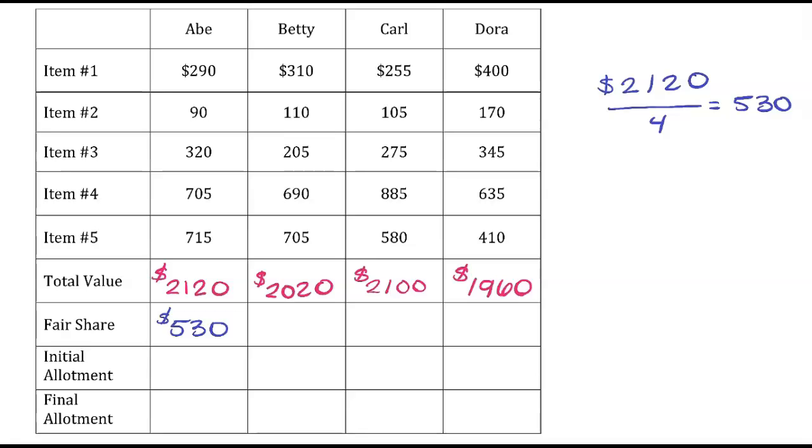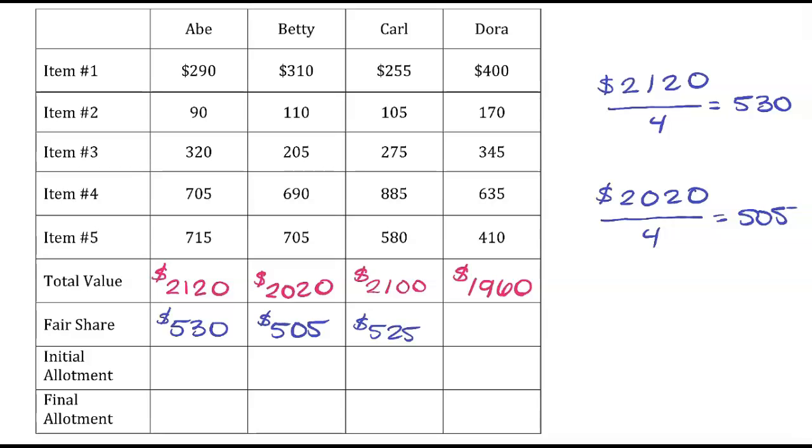With Betty, she feels like the total assets are worth $2,020. So in her eyes, a fair share is 1/4 of that, or $505. She'll be happy if she walks away from this game with at least $505 worth of assets or money. Similarly, Carl feels that his fair share is worth $525, and Dora feels that a fair share is worth $490.